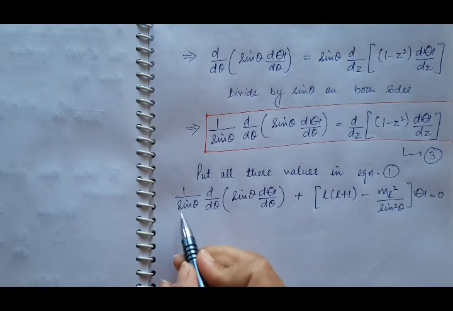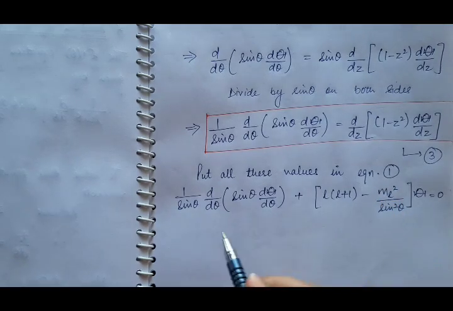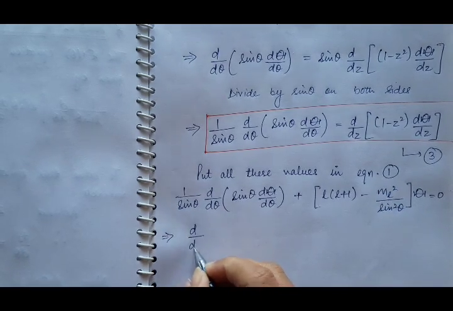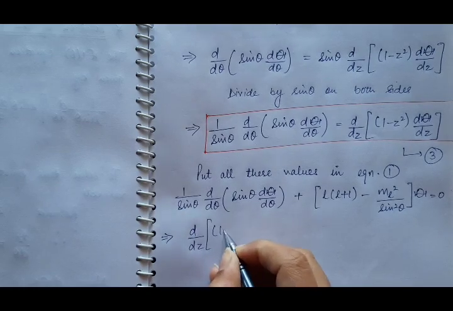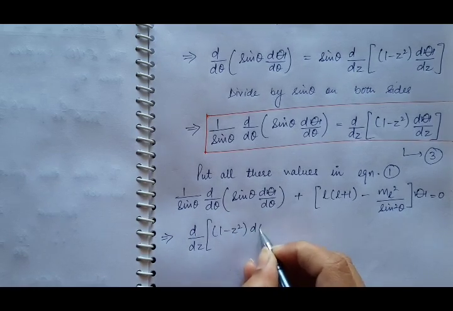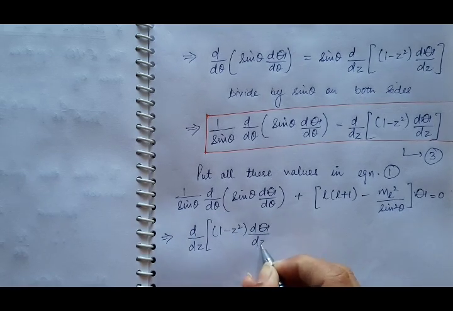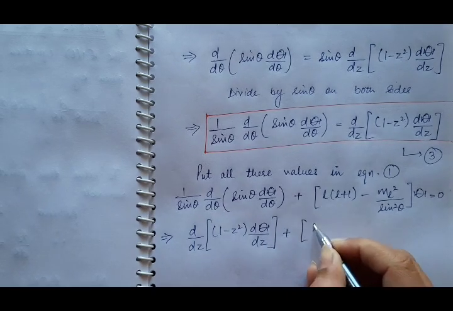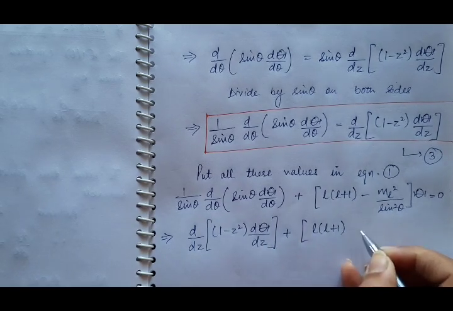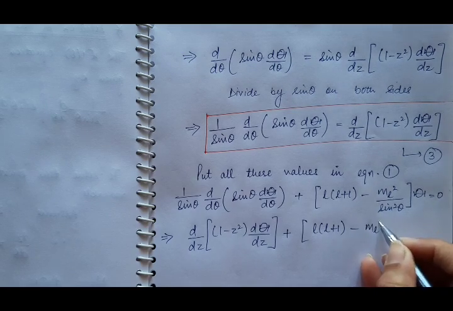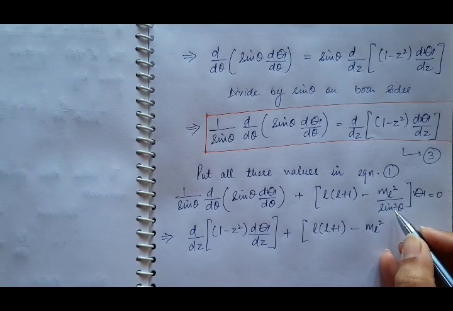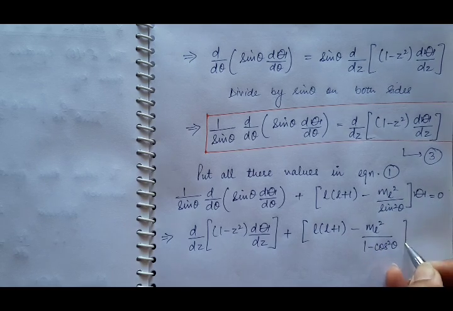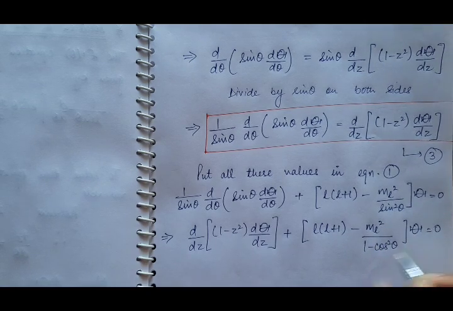So now put the value of this, equal to this, here, and you will get d by dz of 1 minus z square d theta by dz, plus l(l plus 1) minus m_l square upon sin square theta, and sin square theta is 1 minus cos square theta, and this cos theta is z.